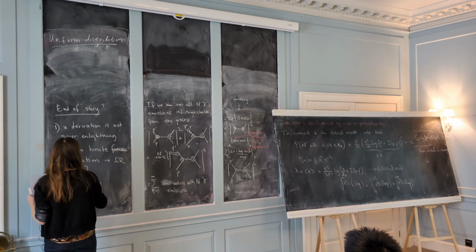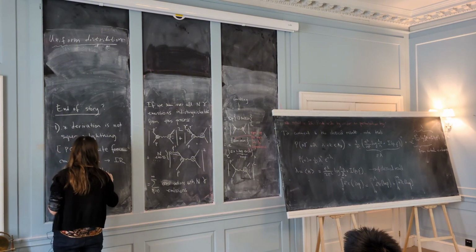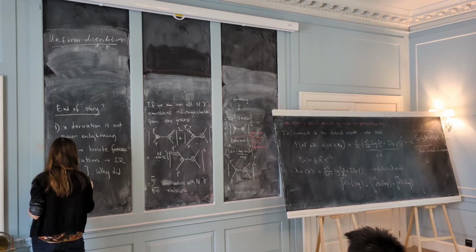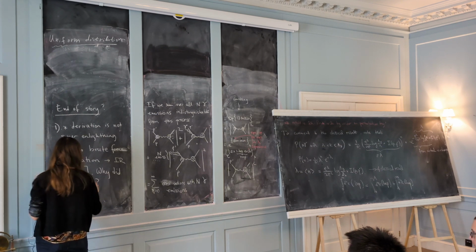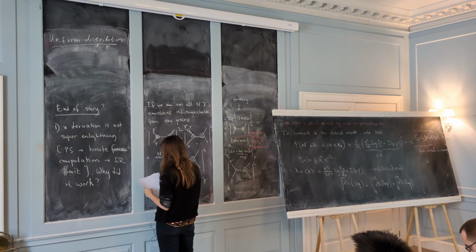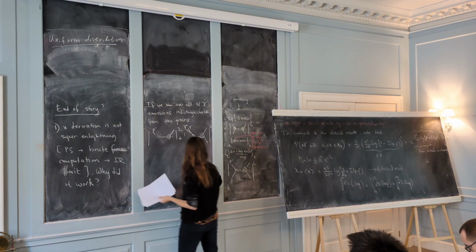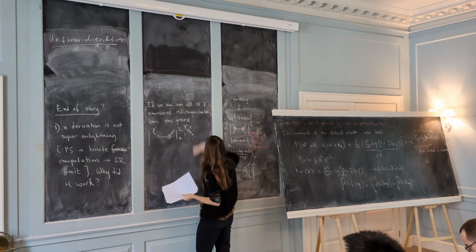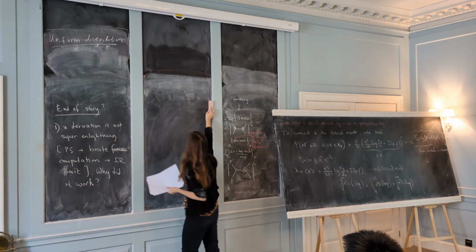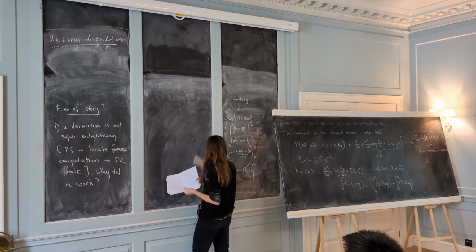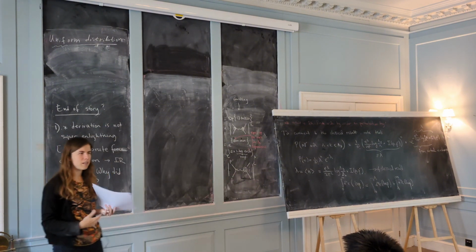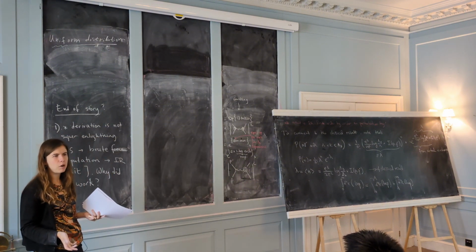So then the question would be, why did it work? It's almost like a magical cancellation. Another thing is that, secretly, in this calculation, we had to introduce an observer. You might or might not like this. If you're an experimentalist, obviously you always have some detectors, so it's very natural to allow for this.